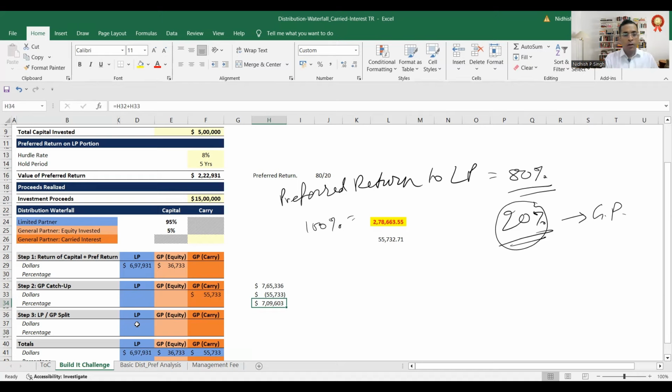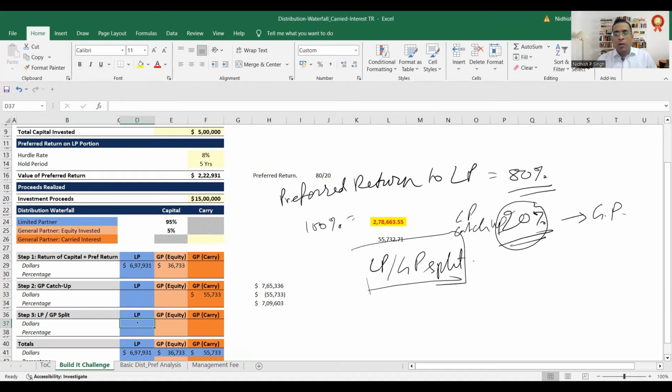Next, LPGP split. What is the concept of LPGP split again? So this is a concept, LPGP split, and please remember, it is not GP catch-up, which is here. LPGP split is really our third step.